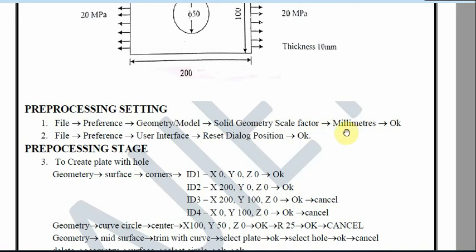So we have to give convenient units, whether it may be millimeters, meter or inches, and you have to give OK. So next step, you have to reset the dialog position. That is with the help of the same option, that is file, preference, user interface, reset dialog position, OK.